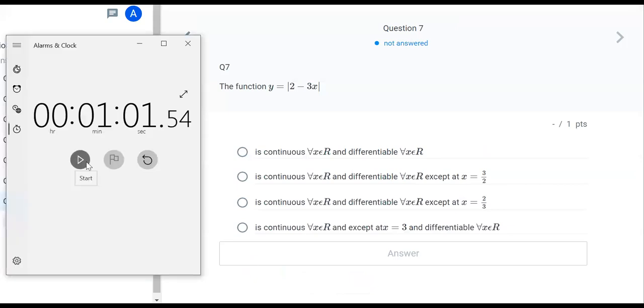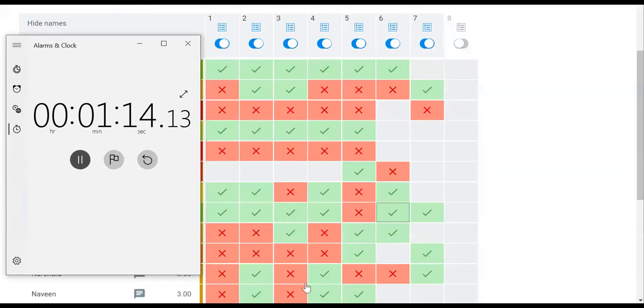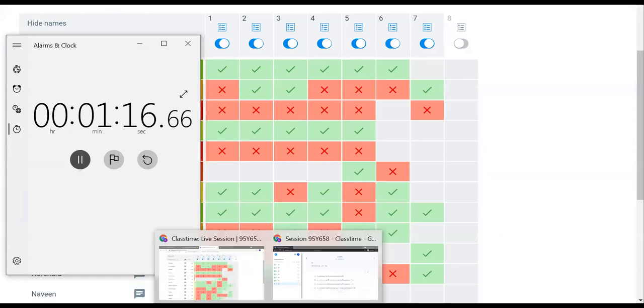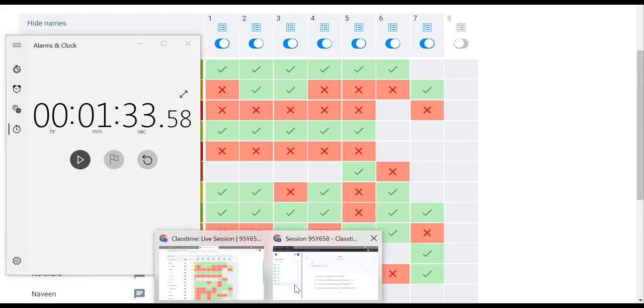I'll give another half a minute. Very simple.